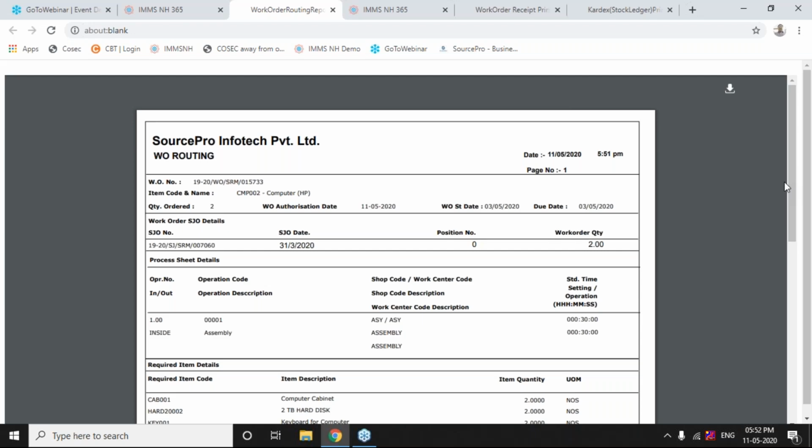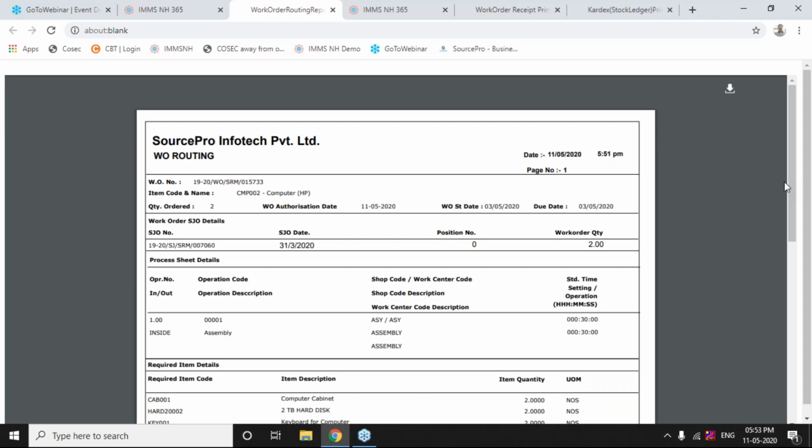Work order is when bifurcating the bill of material into levels. When you are bifurcating into levels, so level wise, when you are creating a work order or a job card, there is a master called process sheet. Process sheet has supporting masters like work center, operations, rates, shops.